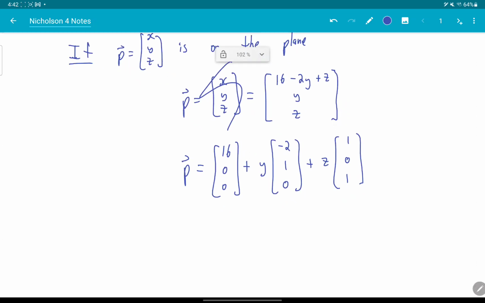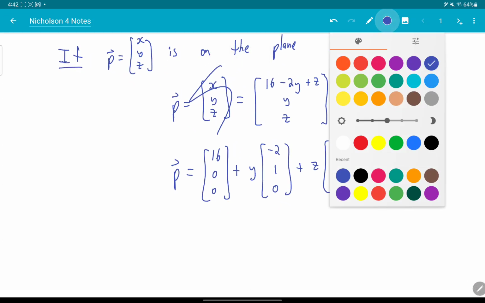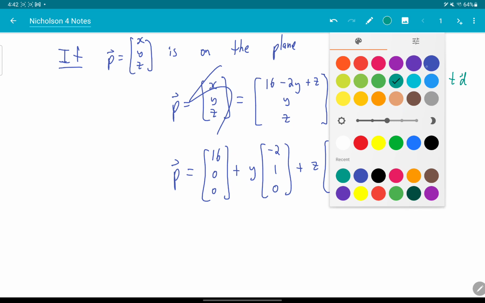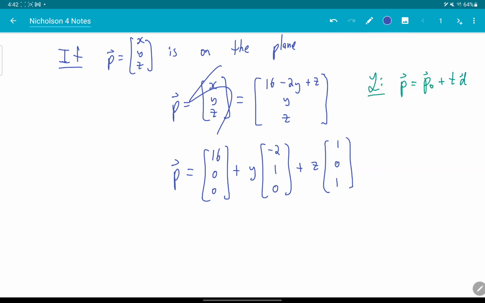Well, this is somewhat familiar, right? Maybe I'll just get you to recall a line. A line would be p is equal to p naught plus t times d. So here I have a point that I know is on the line, and then a single direction vector.